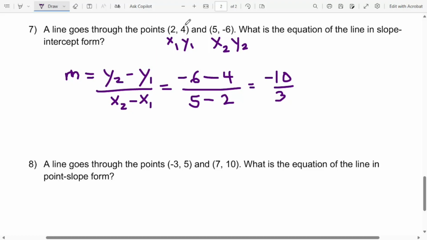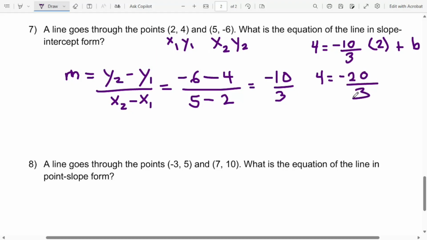Now, I could take this point. If I wanted to figure out the y-intercept, I could say 4 equals negative 10 thirds, the slope, times my x value, which would be 2, plus b. So 4 is going to equal negative 20 thirds plus b.